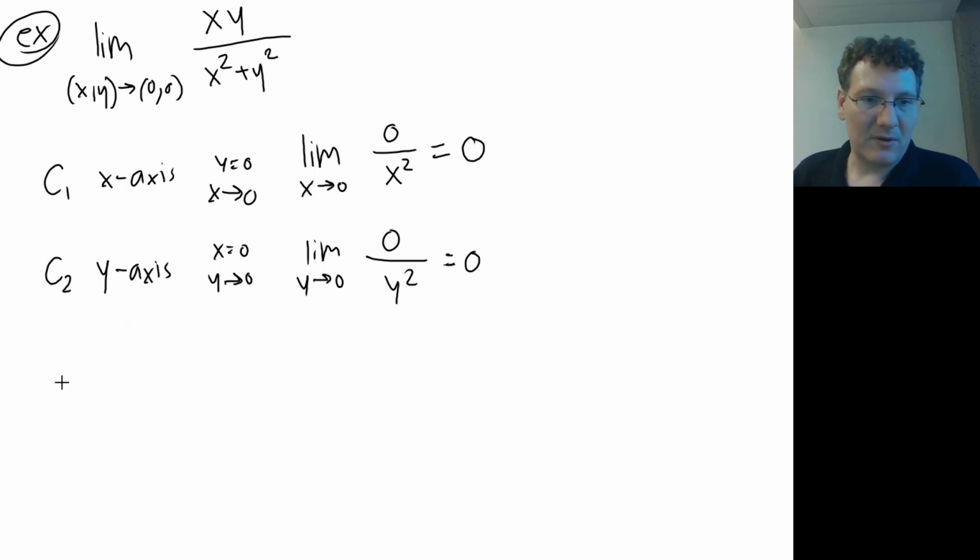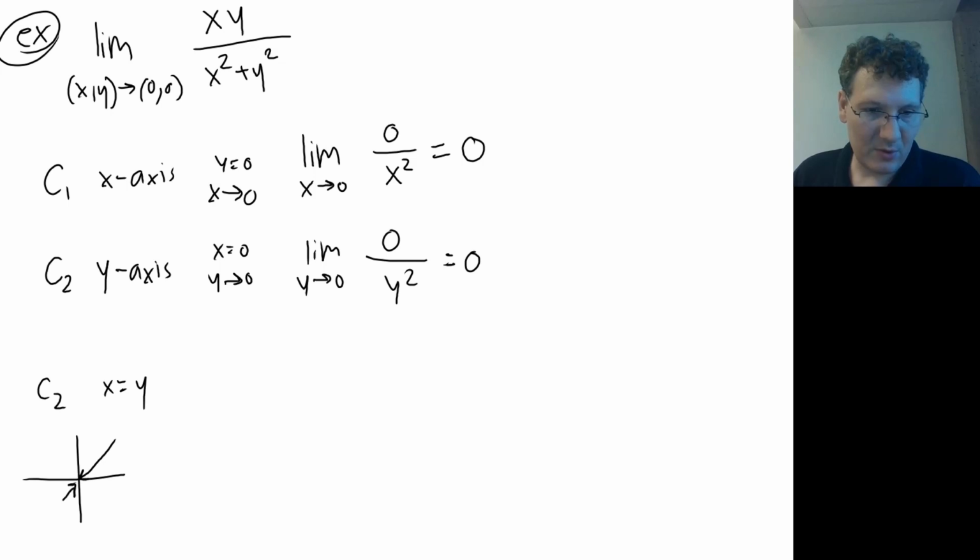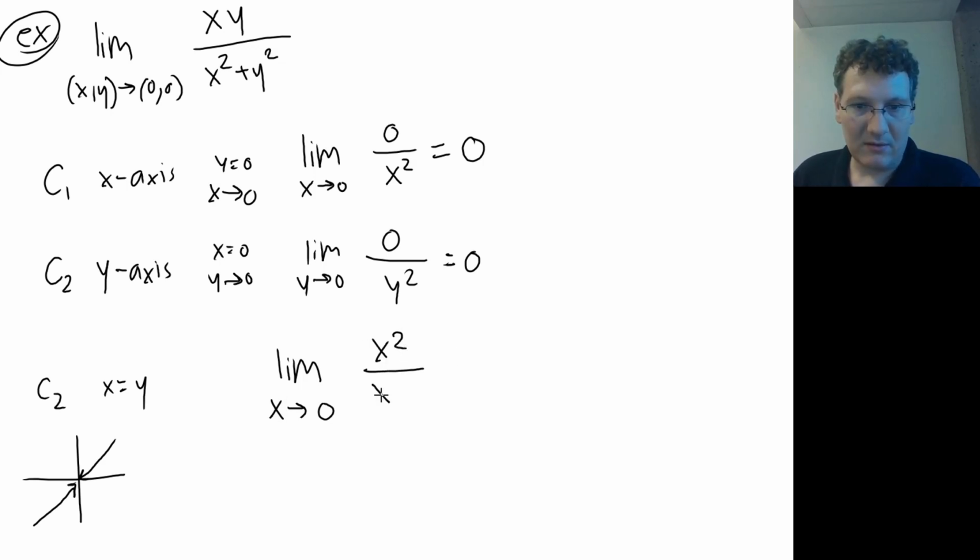But let's take another one. Let's go along the line x equals y. When we approach the origin along that diagonal, this is the limit as x goes to 0, with y equal to x, of x squared over 2x squared, because x and y are equal along this path.